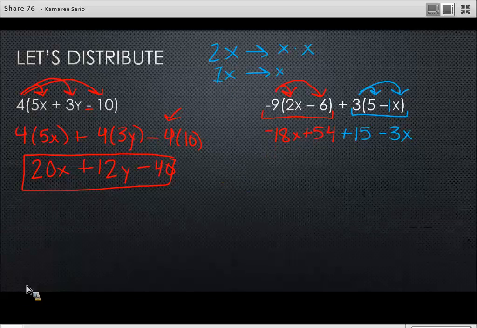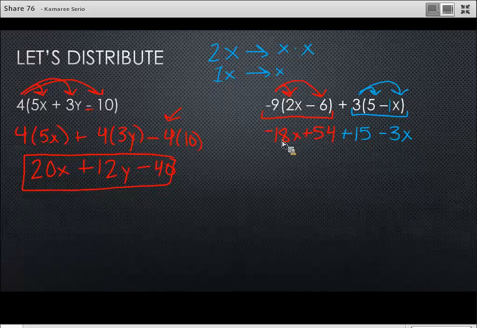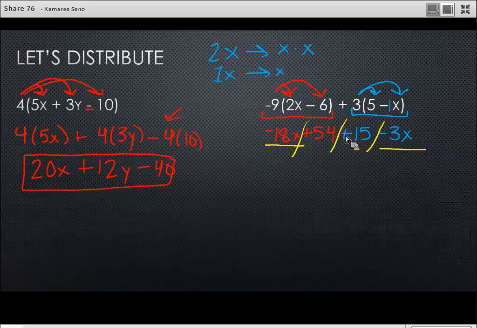Okay, now we're almost done with this one. Now what I have to do is combine some stuff here. I have like terms. I have this negative 18x and this negative 3x. Remember when you separate your terms, the sign in front of your number is always attached to it.